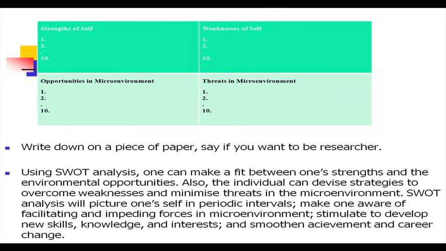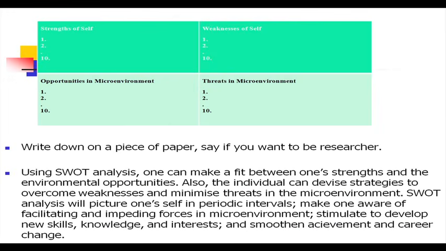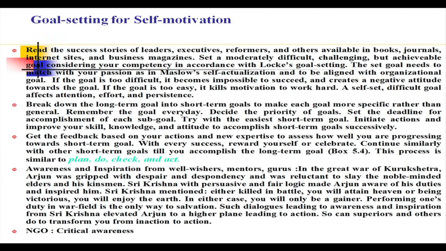That means, in order to overcome the threats, during your research career you have to develop your writing skill as well as articulation power, so that you can publish more papers and be recognized by industry or by a good educational institute where you can fetch a career in research. Therefore, by doing this SWOT analysis, you can smoothen the achievement and career change, develop your new skills, knowledge and interests, and motivate yourselves.